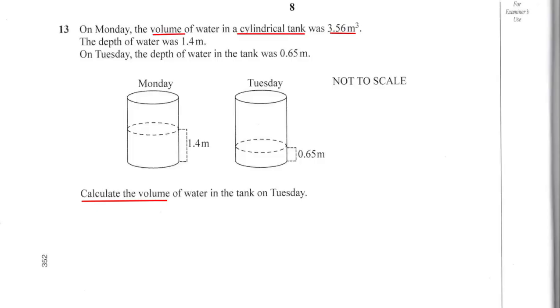What we need to understand here is the information given. Given a tank here and another one, and these two tanks are congruent. That is, they are identical.